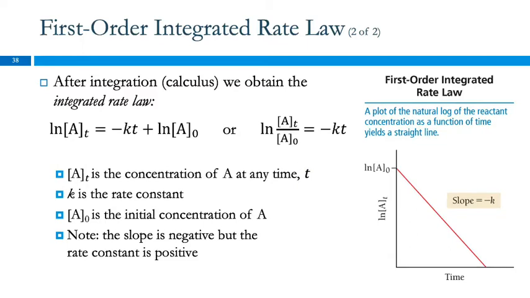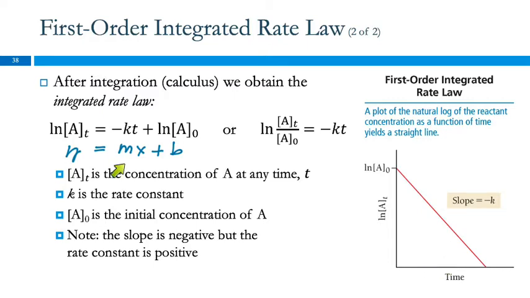So if you remember the form of a line, y equals mx plus b. Y is graphed on the y-axis. Pointer got stuck. So we're graphing natural log of the concentration as a function of time.